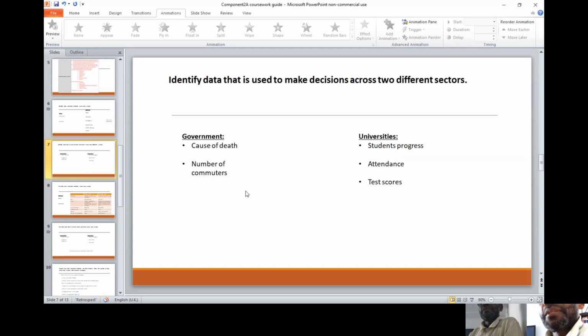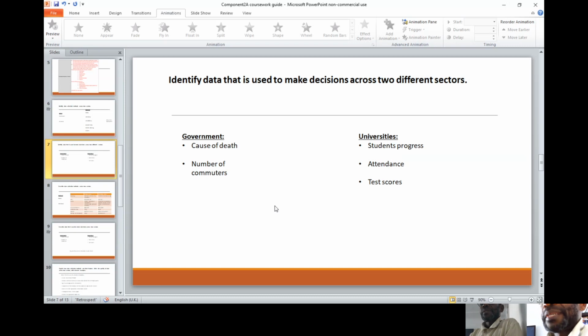The next question is to identify data that is used to make decisions across two different sectors. This time you are going to identify the data. So the previous question was requiring you to identify the data collection method.